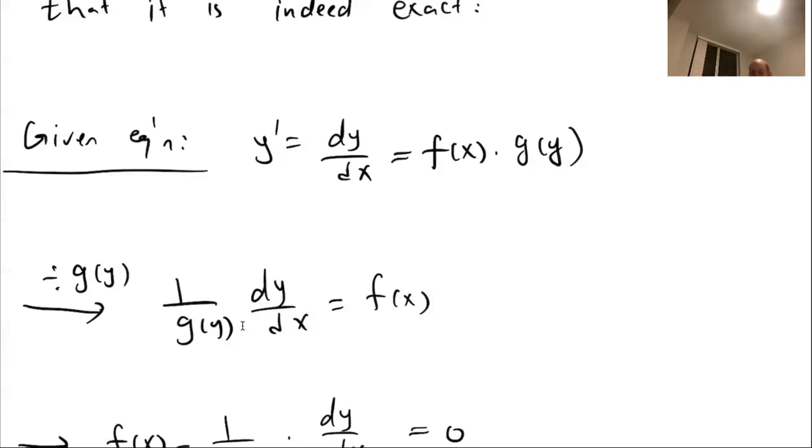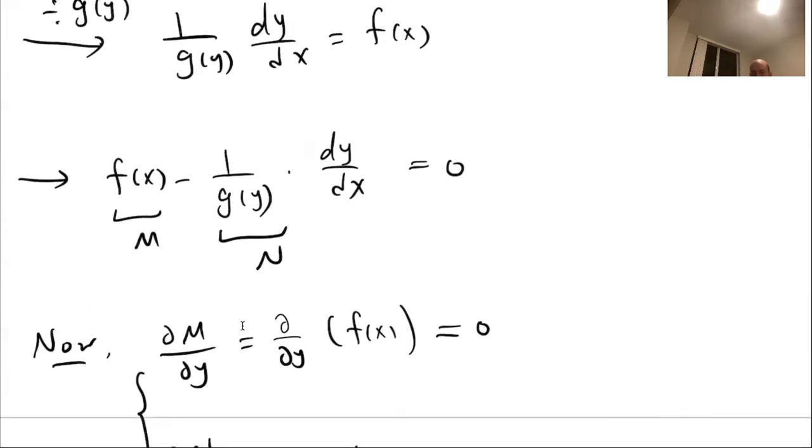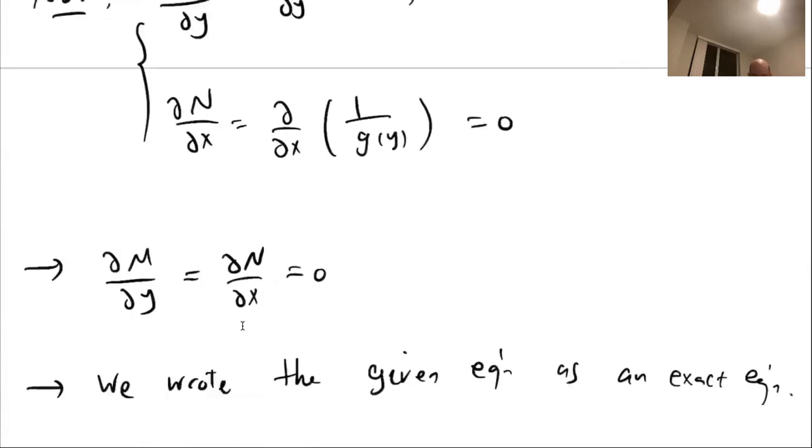So if g of y is non-zero, we can divide by g of y, and then we have an exact equation which we can solve. If g of y is 0, then we cannot divide by g of y, but then y equals a root of g of y is a solution for our ODE.